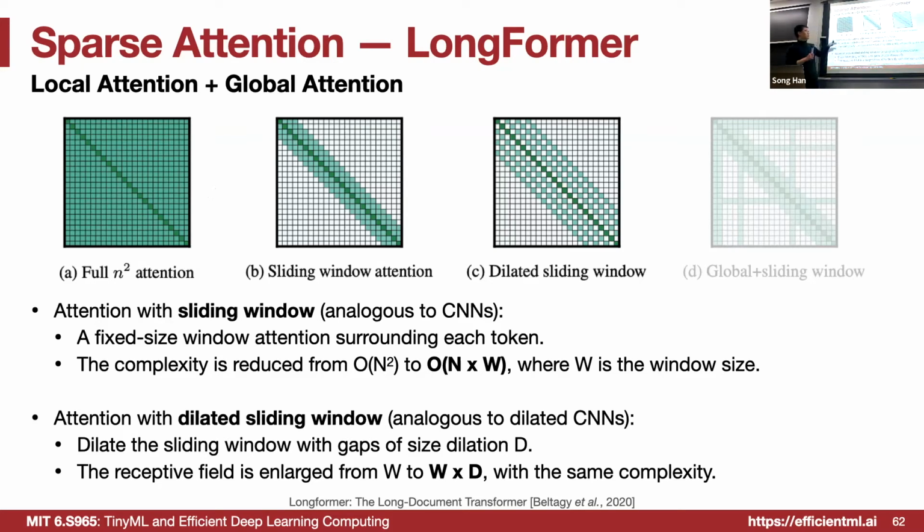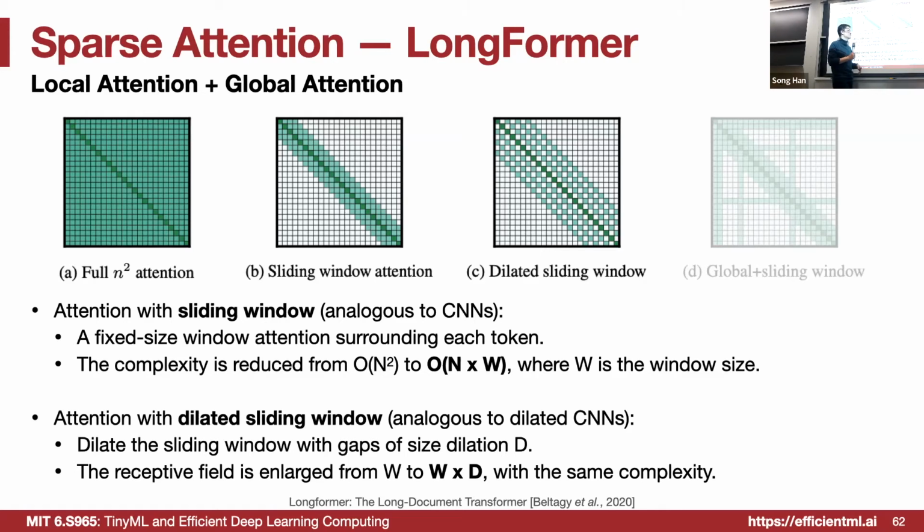People compared with this full n square attention, where each word attends to each word, and you have the entire n square attention map. People have this window attention, since usually adjacent words are more important to each other. And further away, if the distance is larger, the relationship might be weaker. But that suffers from the problem where sometimes the first word has a strong relationship with the very last word.